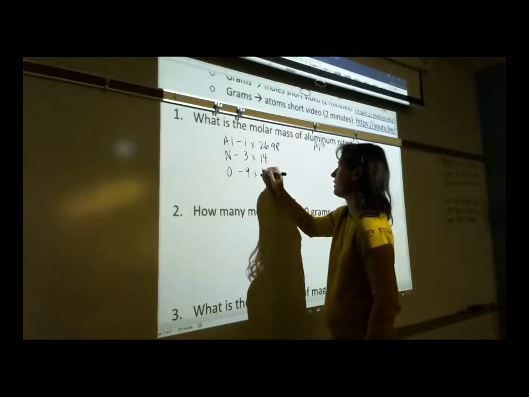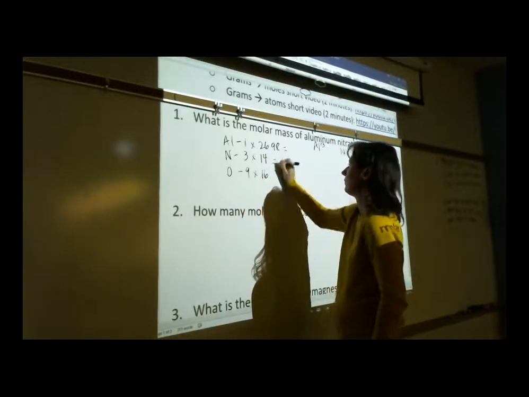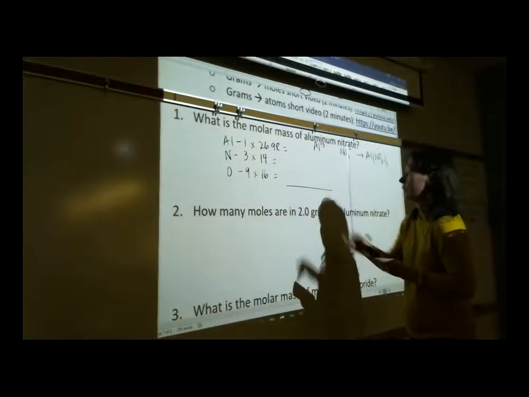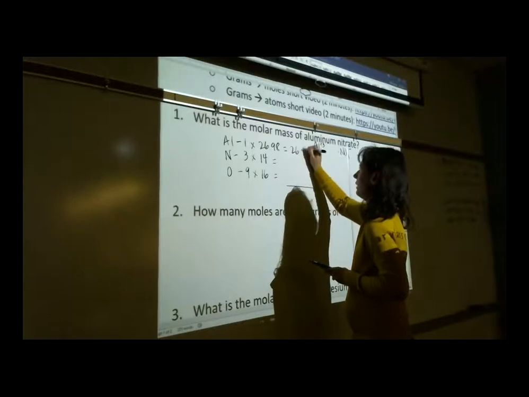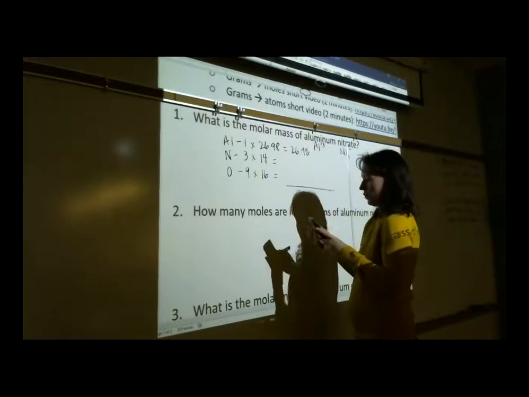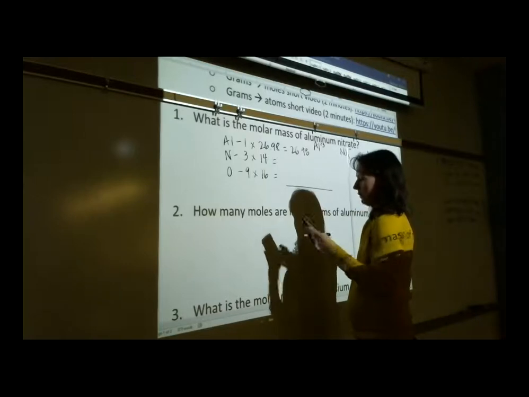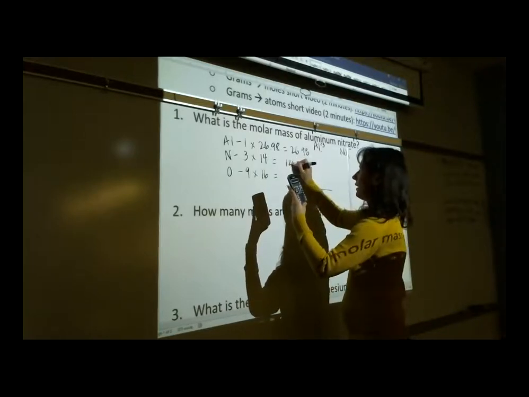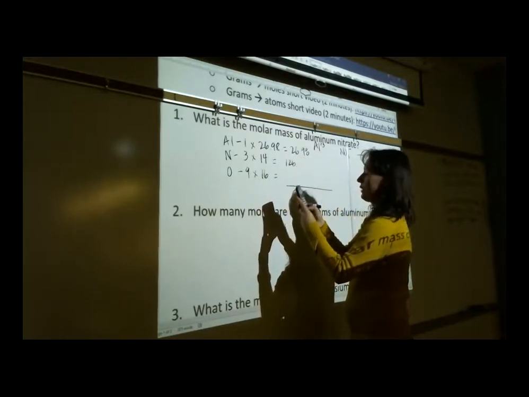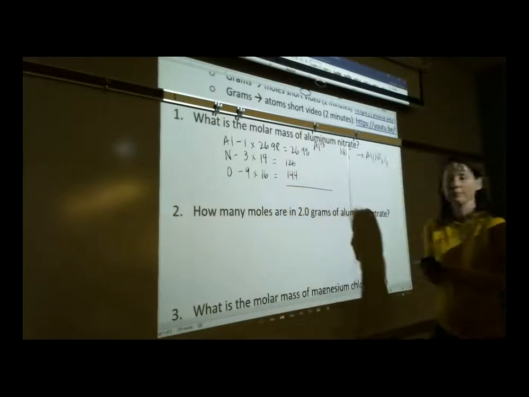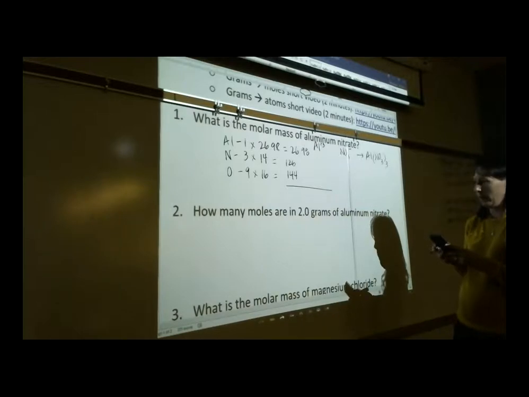And oxygen is 16. So we have to do a little bit of arithmetic. So this is 26.98. What's 3 times 14? 126, and 9 times 16, 144. Do we agree? So now we just add them up.